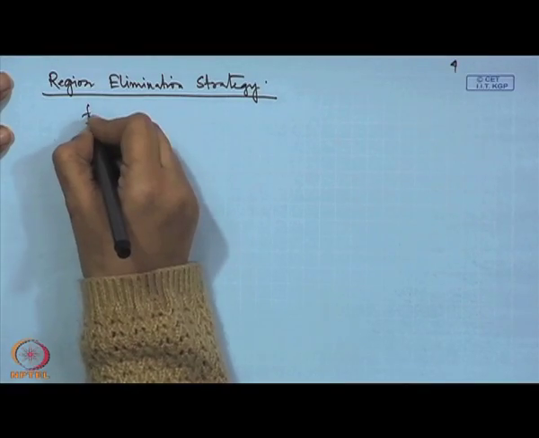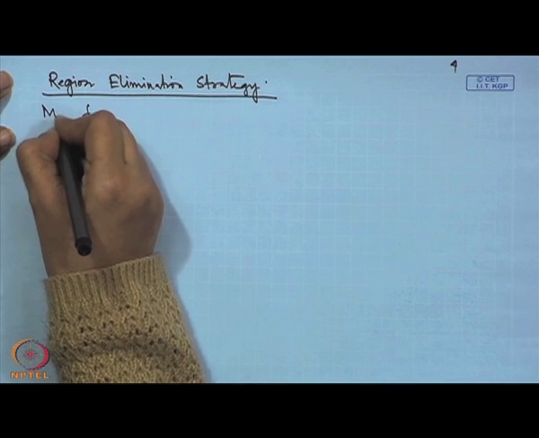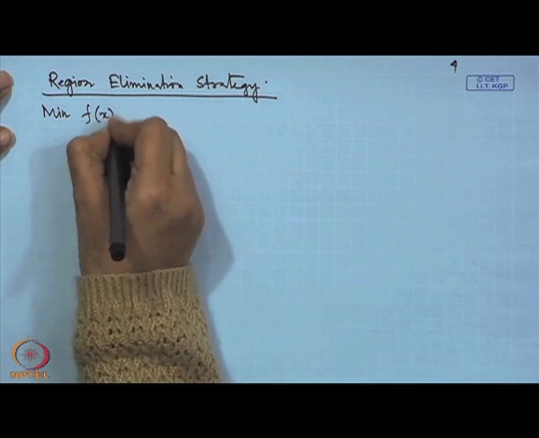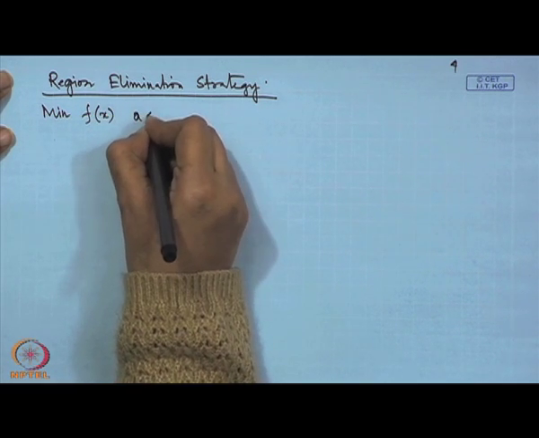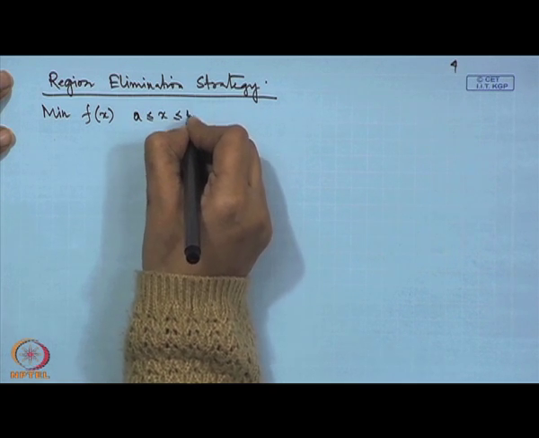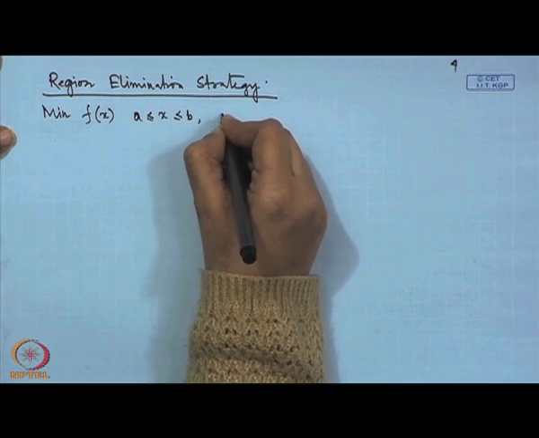Now, let us start our discussion for the minimization problem, and we are assuming that the function is unimodal, and not only that, the function is having one minimum point within the domain of definition. That is why we need to minimize f(x) where x is in between a to b, and we are assuming that the function is unimodal.